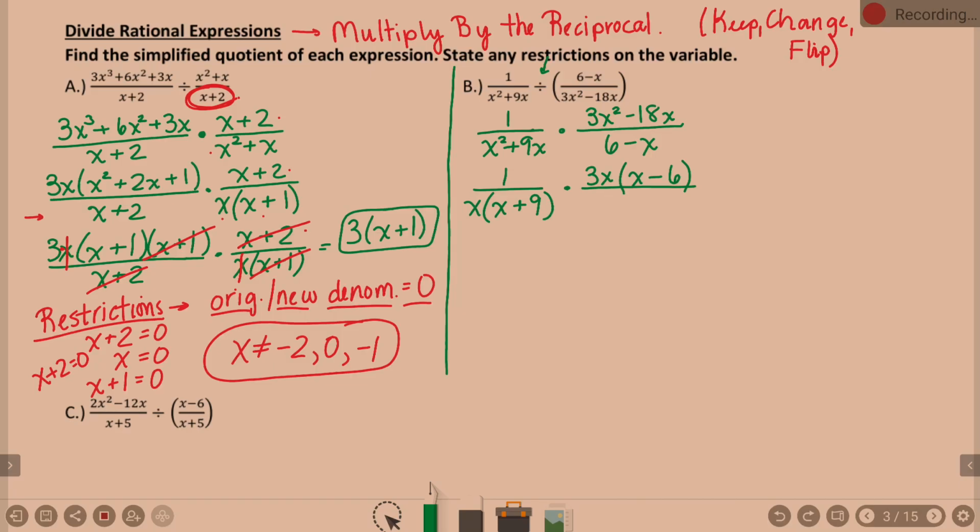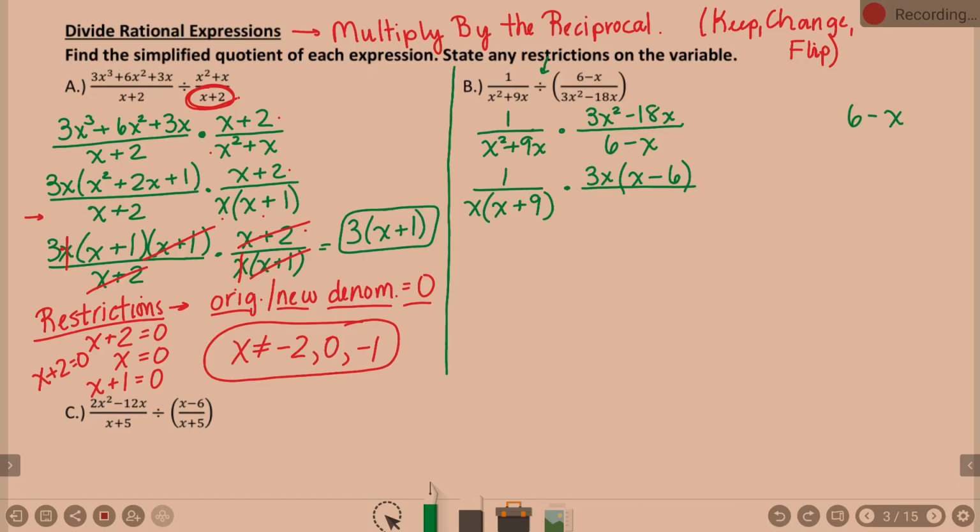Now, part of the reason I wanted to make sure we did this problem, 6 minus x. Well, here's the deal. Is 6 minus x in the form we normally work with? No, what are we used to seeing first? We're used to seeing the variable, the x first, yes? So let me flip this, and when we flip this, what kind of x is this?